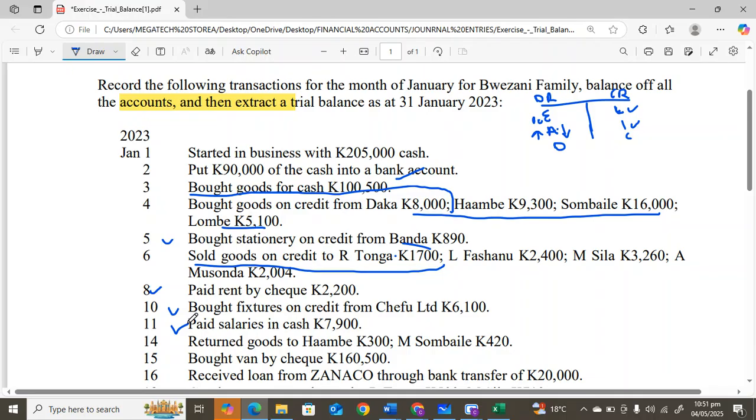Salaries is an expense, increase in expense, so debit 7,900. Cash is an asset, decrease in an asset, so credit cash 7,900.